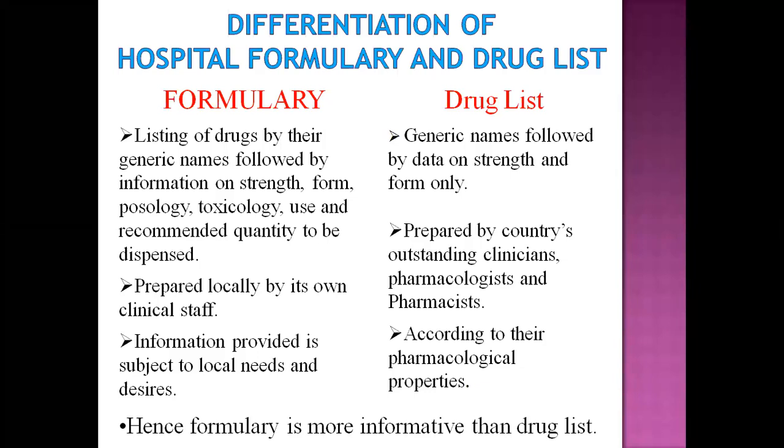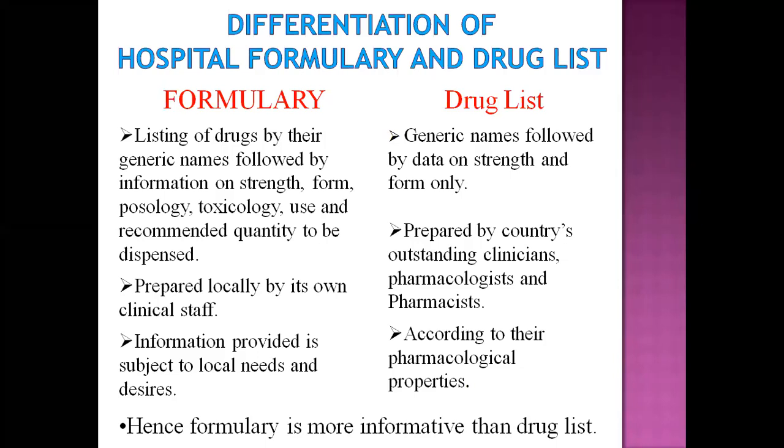They give only strength, how many milligrams, how many grams particular drugs are available along with their dosage forms only. In that, there is a list of the drugs along with their brands. They are listed in the official books.